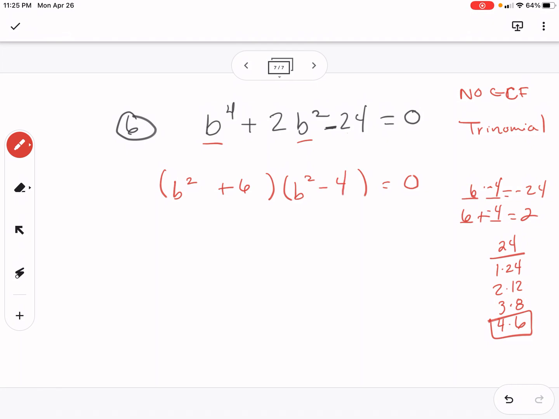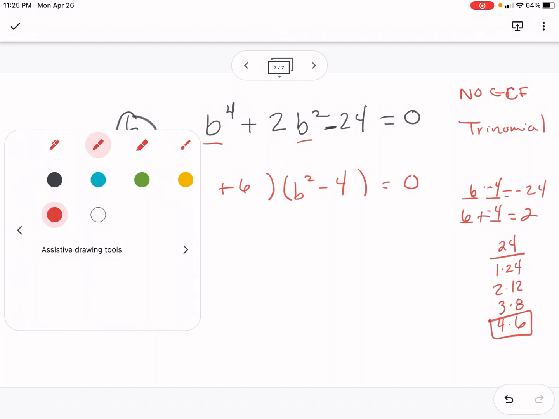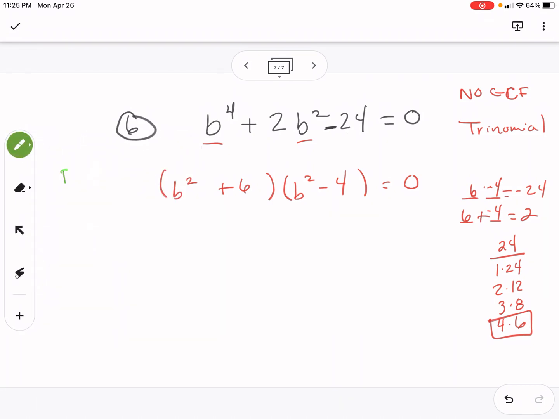And now I'm going to check each of these parentheses and check if they can be factored further. So now you'll see they're binomials. So we're going to check for a difference of squares. This first one's plus, so it's not a difference, but the second one's minus, so it is.